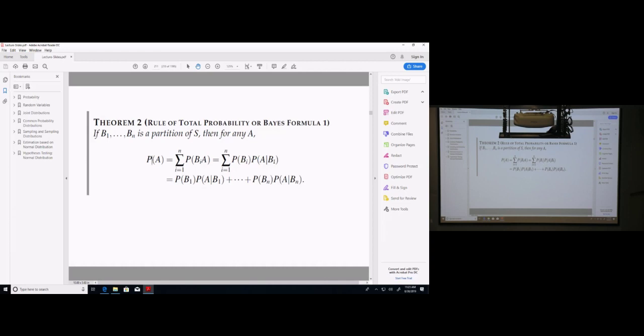Now this is just a formula, but the way to understand it is that I think of B1, B2 up to Bn as the possible causes of a certain experiment. One example, we will visit this problem, is whether a certain person has cancer or not.